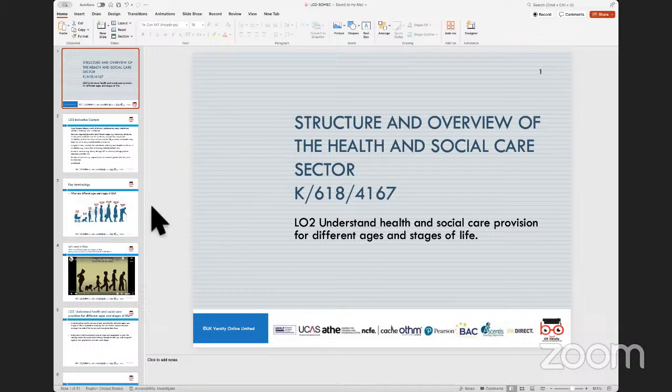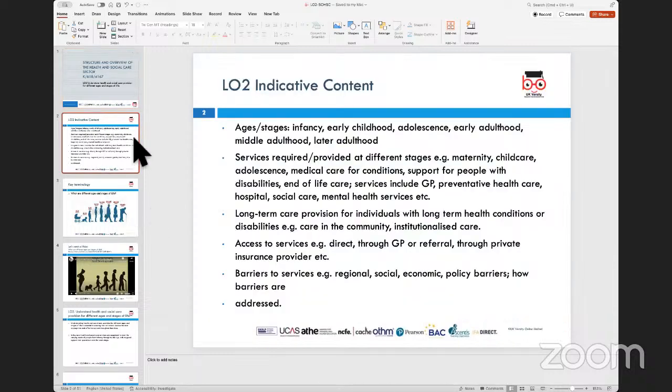So let's begin our discussion today. There's a fair bit of indicative content that we want to look at in this learning outcome. Most important, around which all the assessment criteria will revolve, are things related to different ages and stages of life in the case of human growth and development.